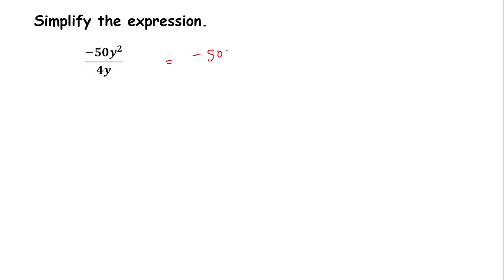Minus 50 times y times y over 4 times y. One y gets cancelled. This 4 and 50 can get cancelled by 2, because 50 and 4 are both divisible by 2. So the final answer you can write like this.